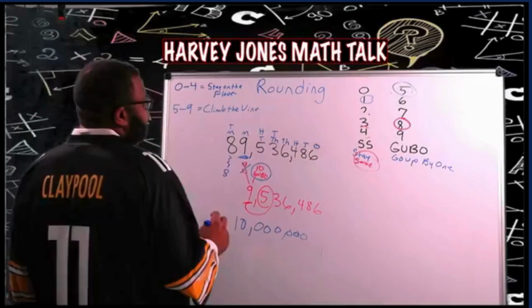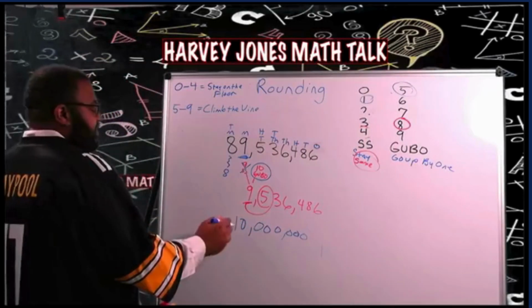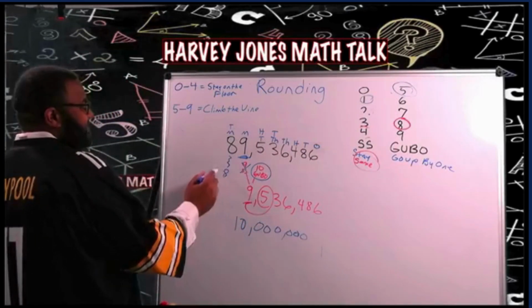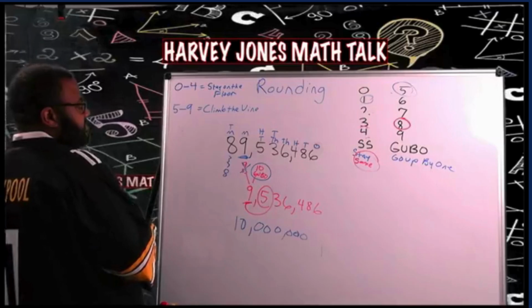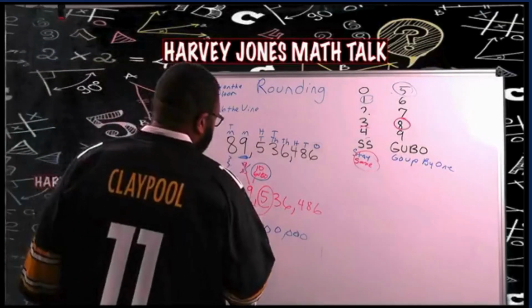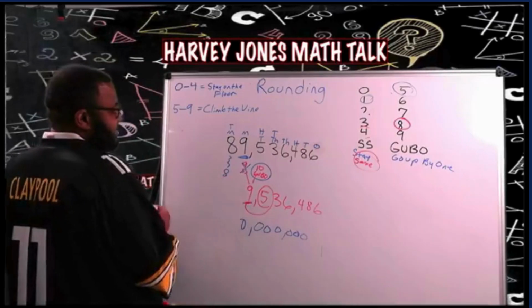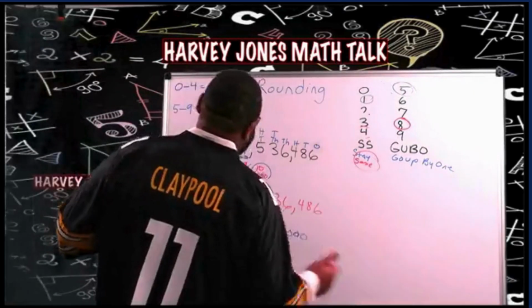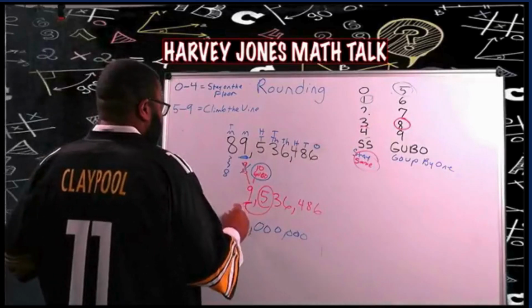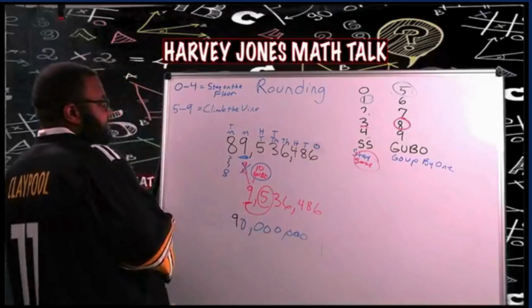Now, here's where the tricky part comes in. You have a 1 right here. You have to add that to this one here. Huh? Because when you add that 1 plus 8, that's going to give us 9. Okay?